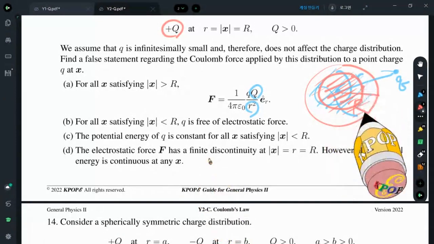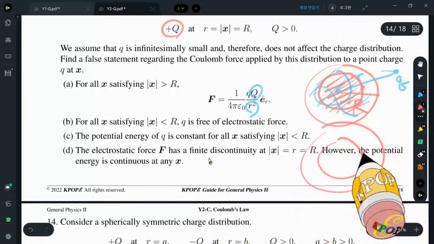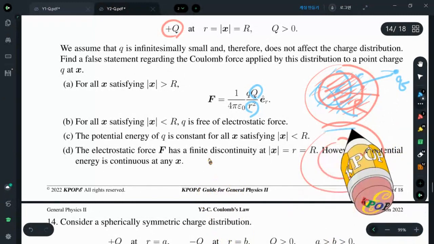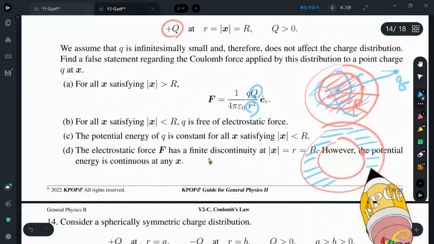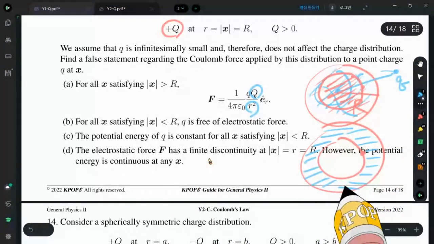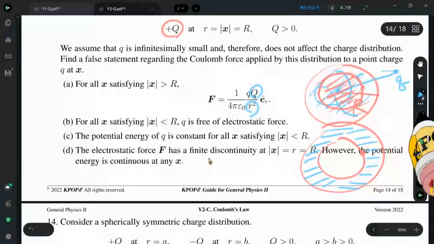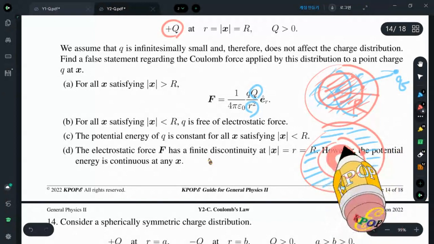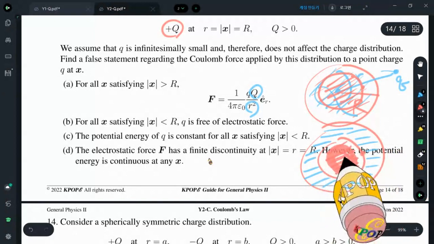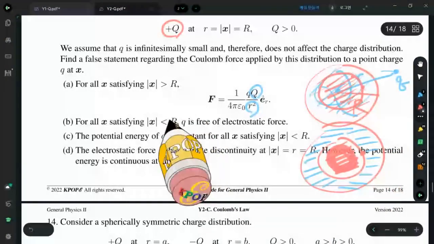That means if the small charge is at it here, the charge outside the radius does not contribute to the electrostatic force. Only the charge within the radius does contribute to the electrostatic force. That is the shell theorem.